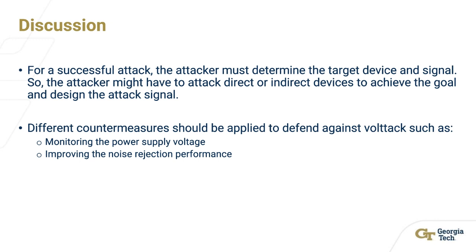However, different countermeasures can be put in place to defend against Volttack, such as monitoring power supply voltage for anomalies and improving the noise rejection performance, which costs about $2 per device.